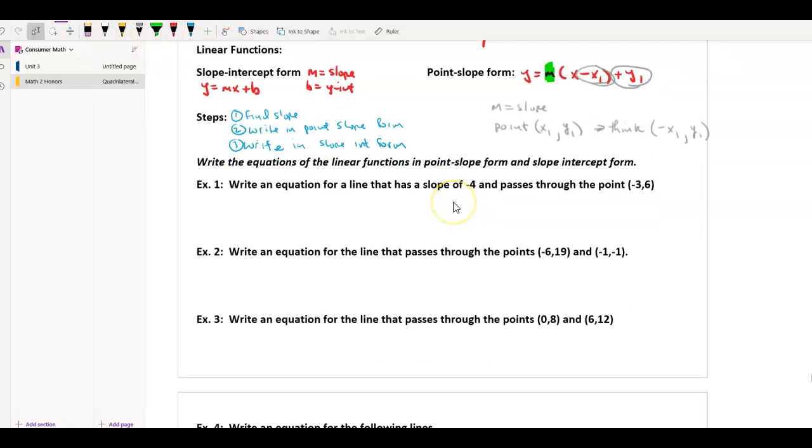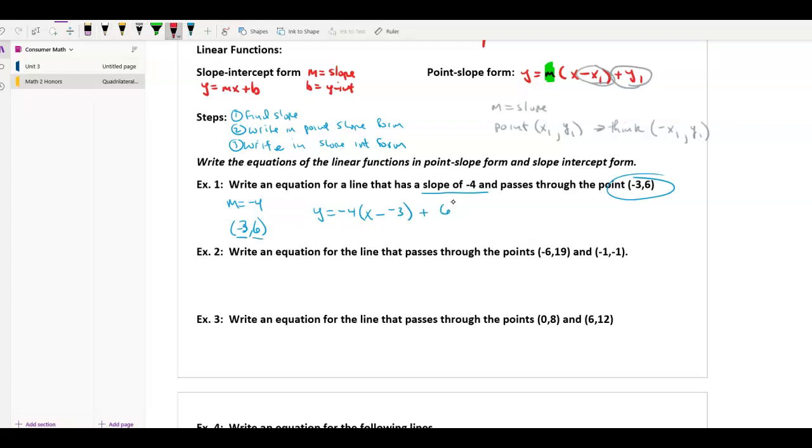So the first example, write an equation of a line that has a slope of -4. So right away, my slope is -4, and pass this through this point, -3, 6. So now, if I look at this to write this equation, all I'm going to do is say y equals, m is -4, so it's -4 times x minus, what's the x coordinate here? -3 plus, what is my y coordinate? 6.